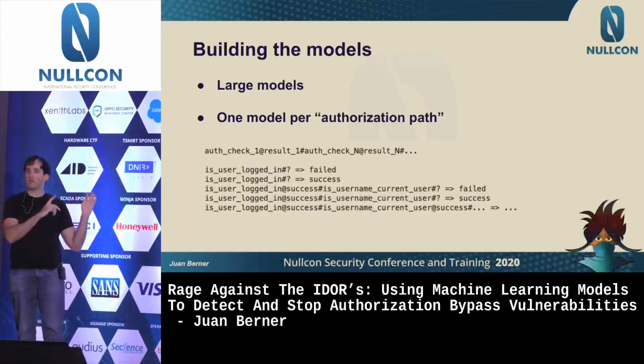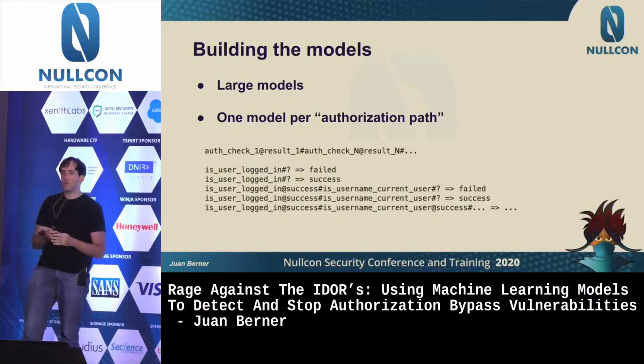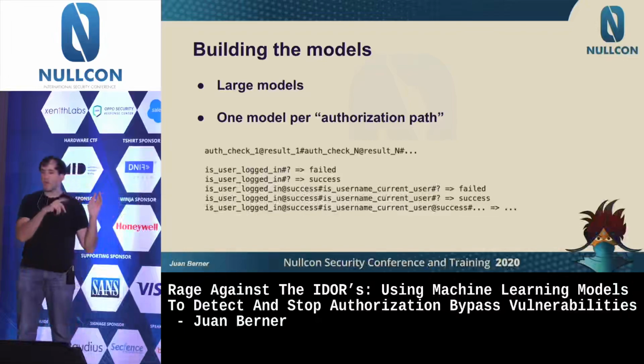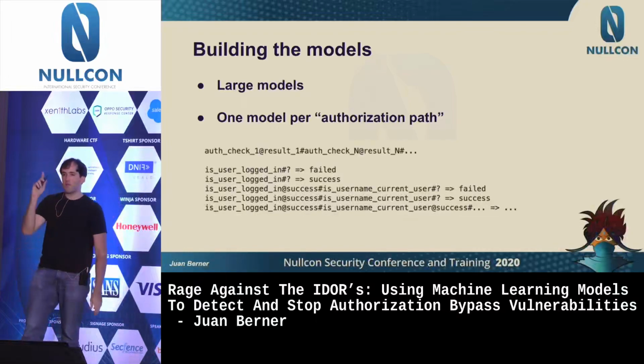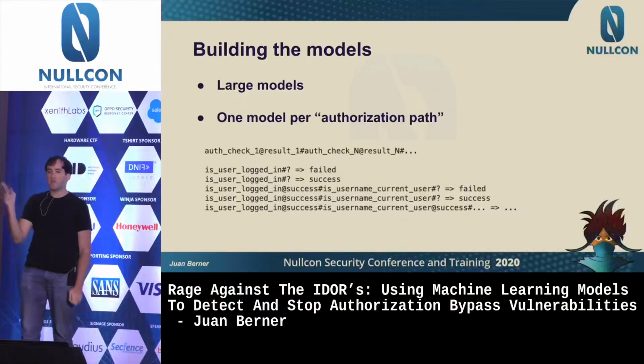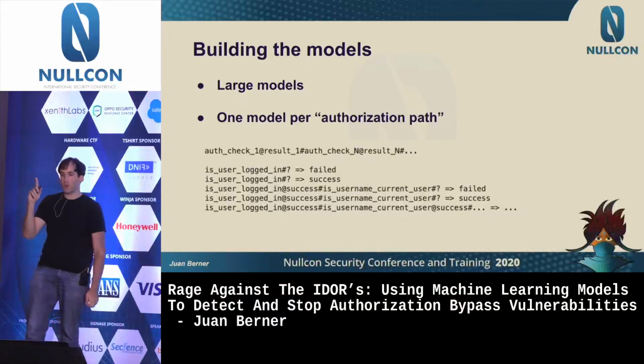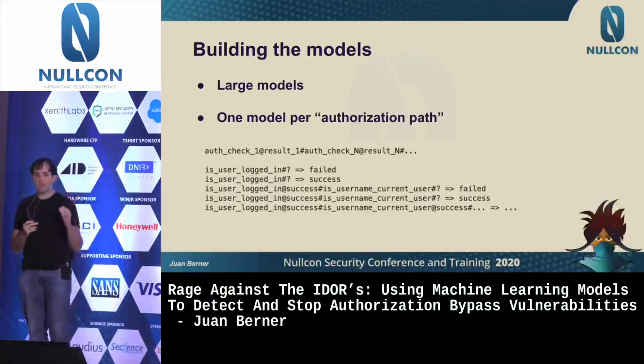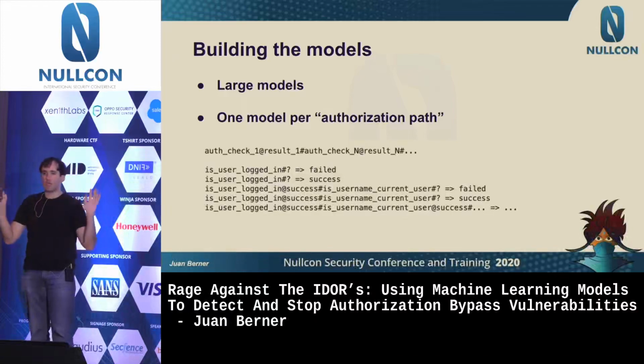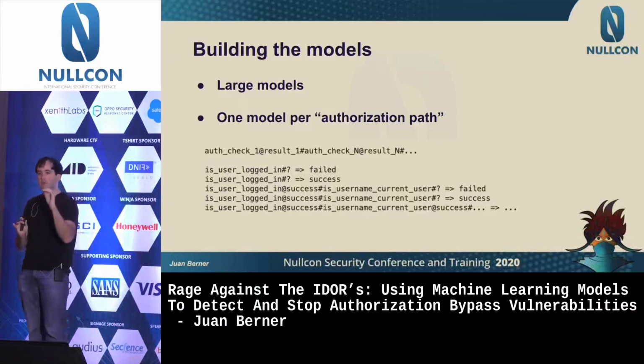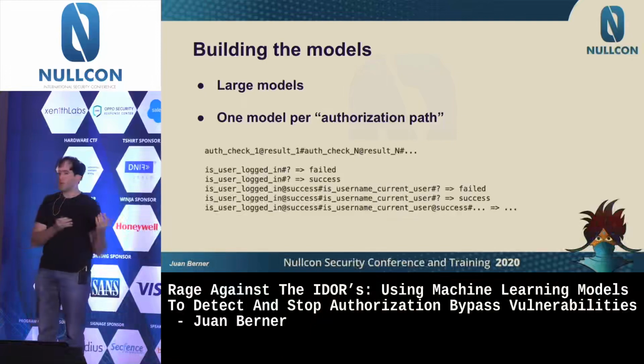Because if we go back to the example of the image path, you would expect that if you are going to access a CGI resource, and there was a failure, there was a skip on the authorization check, so it was not done at all, you would see for this particular path, which might have been, let's say, is user existing, not checking anything else from authorization, fail, you might say, oh, we're actually executing a CGI.